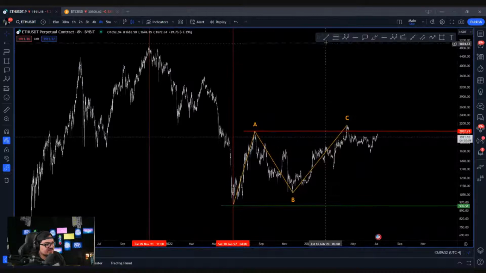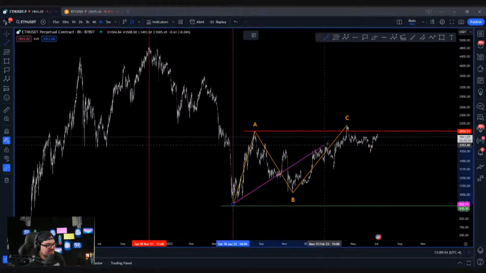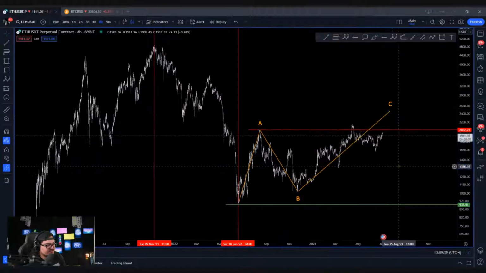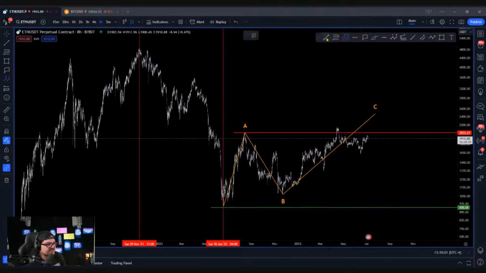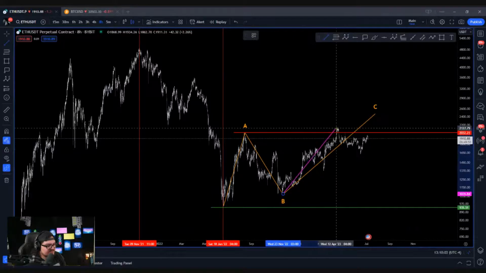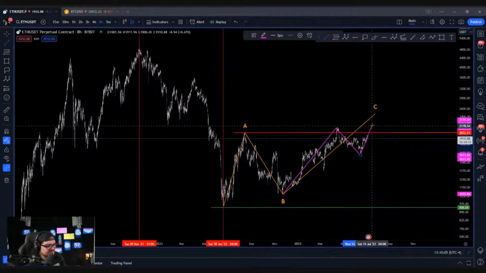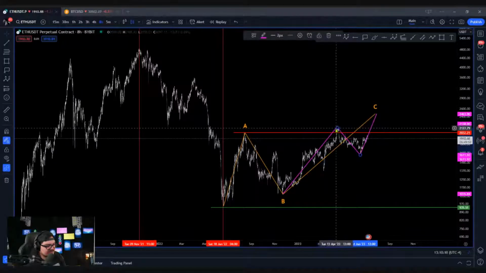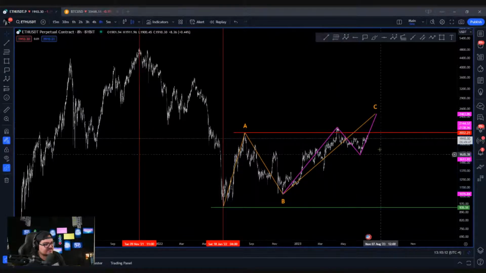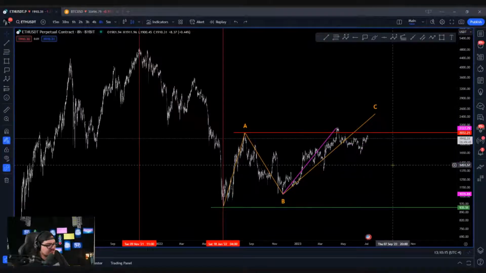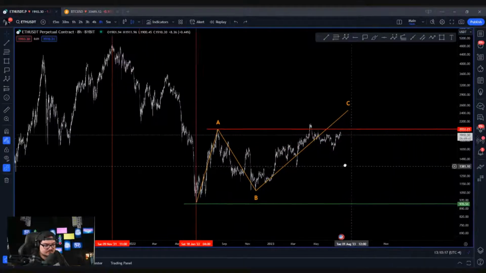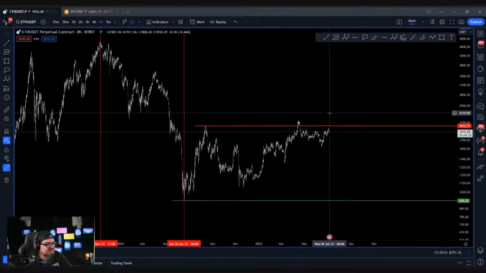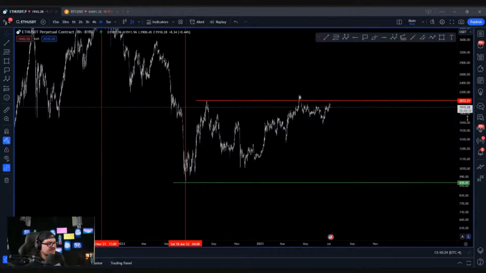So we do have an ABC here. This could have been either the end of a larger A wave, or the C wave is working on another extension. So that means we're getting an ABC within the C. Definitely possible. And then we can consider a possible pullback. But regardless of which one that is going to be, I personally think that we have the possibility of at least testing lower areas of support.